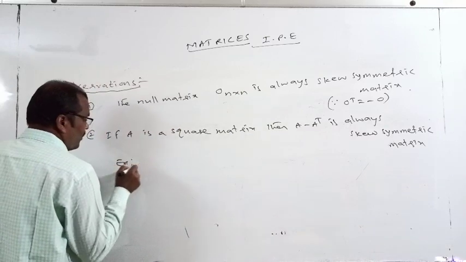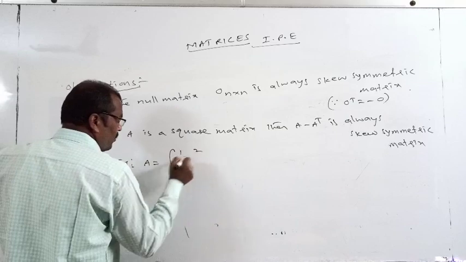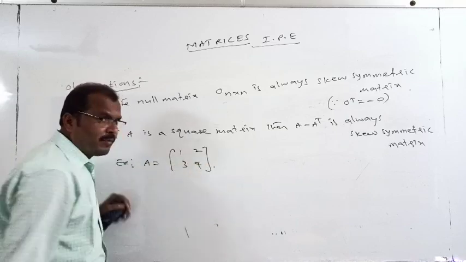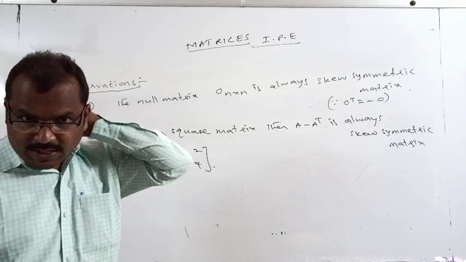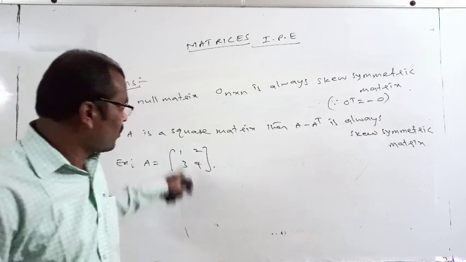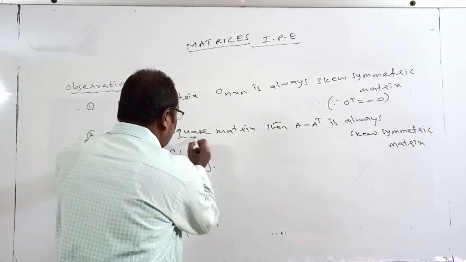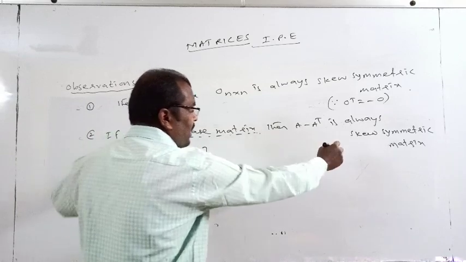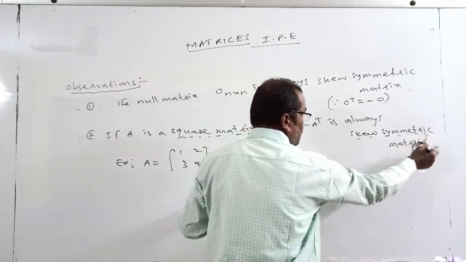Example. Let A is equal to 1, 2, 3, 4. You may take any square matrix. No condition is there, it is just a square matrix. So observe it. The given matrix is a square matrix, but the resultant matrix is skew symmetric.